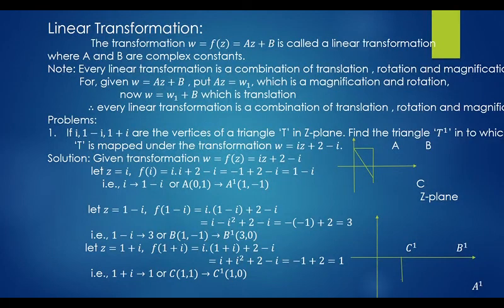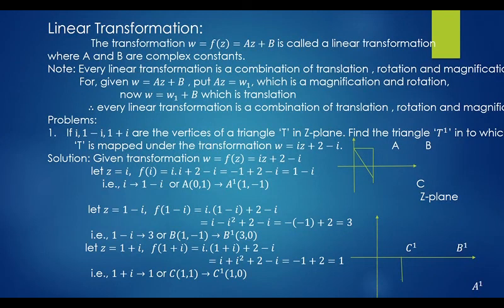So the given vertices are i, 1 minus i and 1 plus i, the vertices of the triangle in the Z plane. After mapping defined by W equals iz plus 2 minus i, what triangle do we get in the W plane?